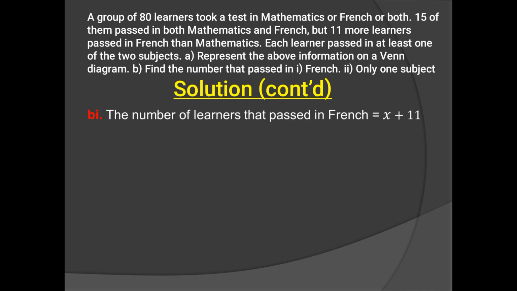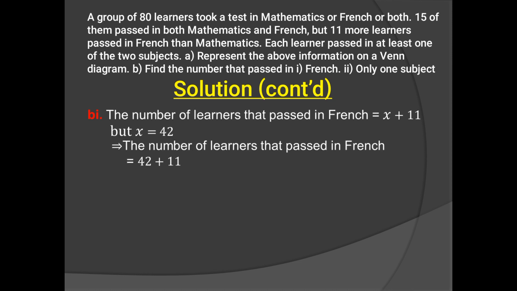Where we see x, we put 42. Substitution. So that's 42 plus 11. What is 42 plus 11? 53. And then we add our unit, 53 learners. So therefore, 53 learners passed in French.